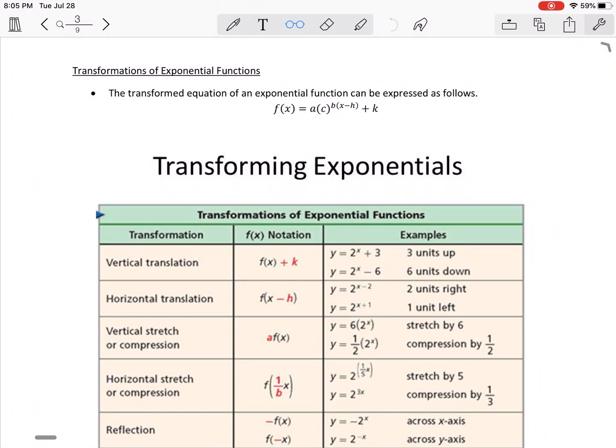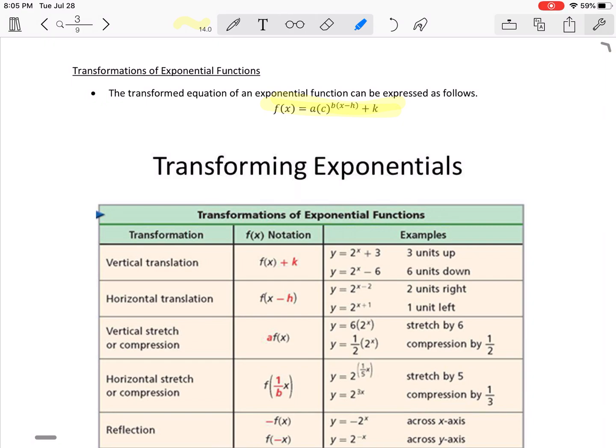We began by looking at characteristics of exponential functions. And so now we'll look at the transformation. This is pretty similar to what we've looked at before, looking at other functions and transforming them. If you look at the framework here, it's pretty similar. K is responsible for vertical translation, so going up or down.